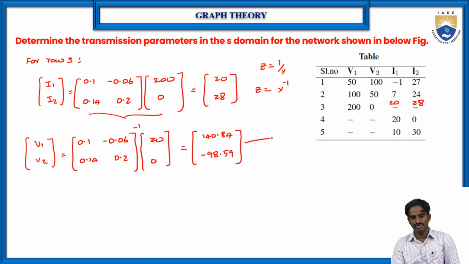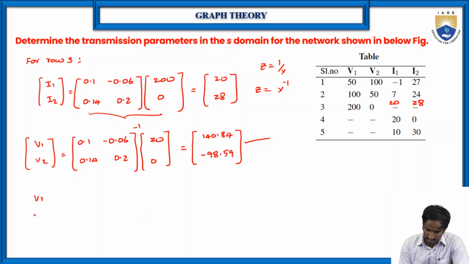These are the values of V1 and V2. By using a calculator also you can easily find the matrix multiplication, right? There is no restriction that we are not allowed to use a calculator. So we can simply use the calculator to multiply these two matrices and get the final result.